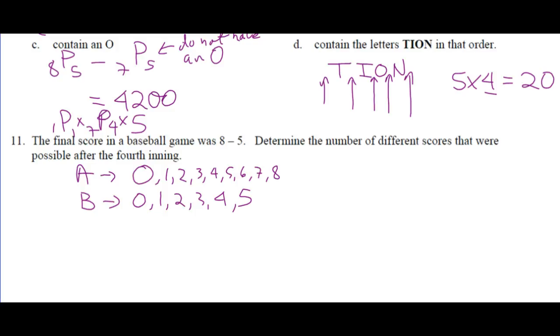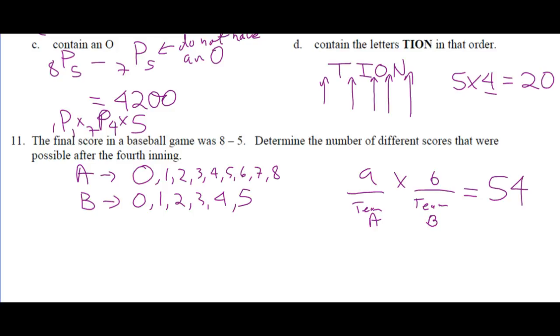Okay. So, how many scores are there for Team A? 9. How many scores for Team B? 6. So after the 4th inning, could be any one of 54 different scores, anywhere from 0-0 to 8-5, right?